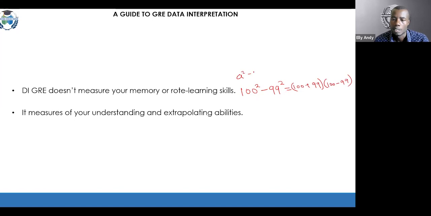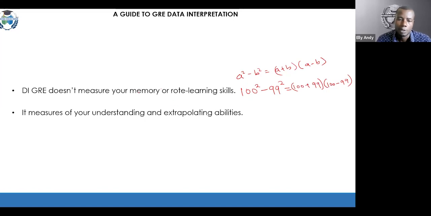So this is something you need to know for algebra. But when it comes to data interpretation questions, you don't have to worry about knowing some specific topics or subtopics.